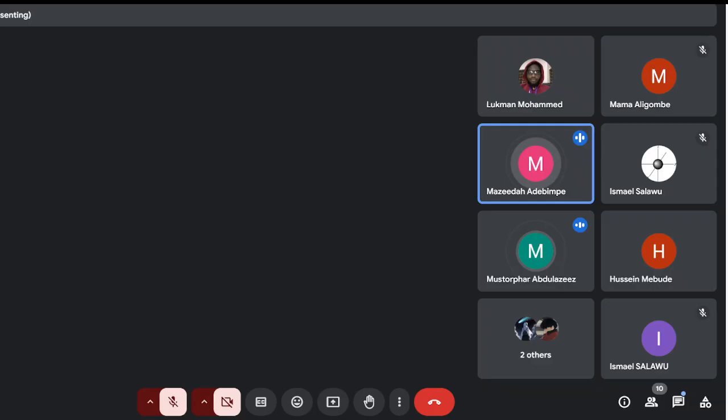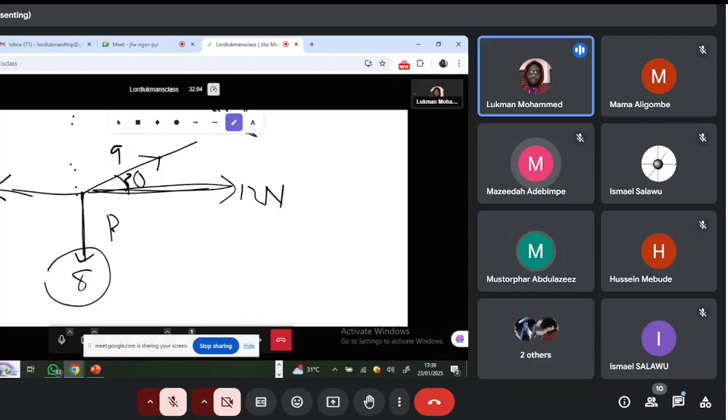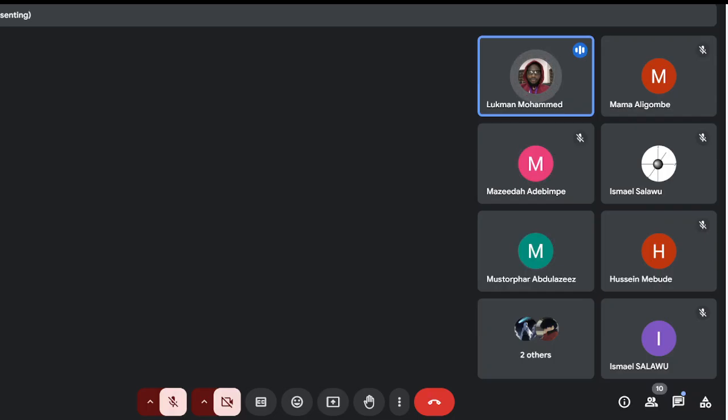But the question is asking us for the total horizontal force, so I want to resolve in this direction. 12 is in that direction already. 11 is against it, so minus 11. Now I'm going to consider 9. Draw this perpendicular, so this is a right angle triangle.